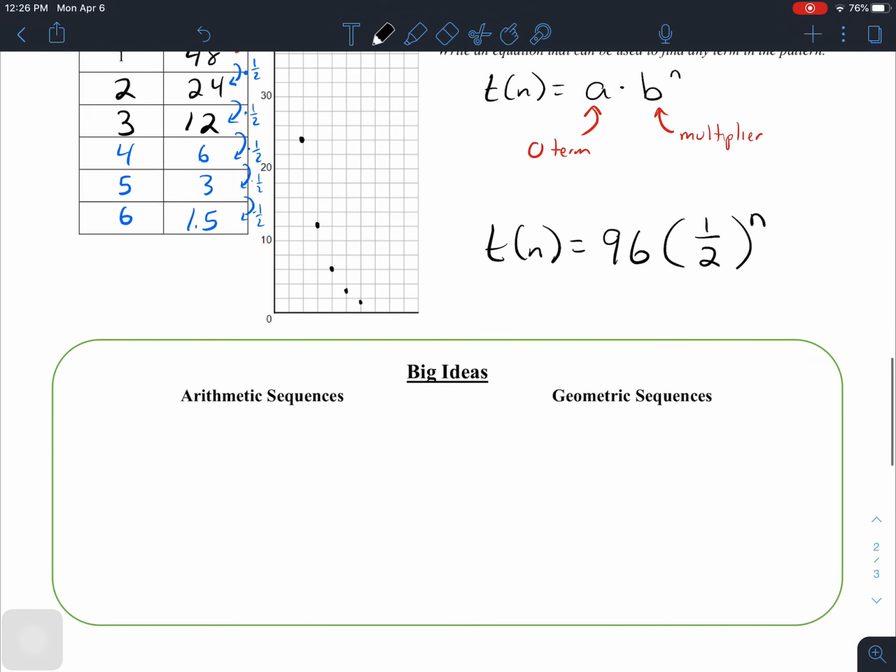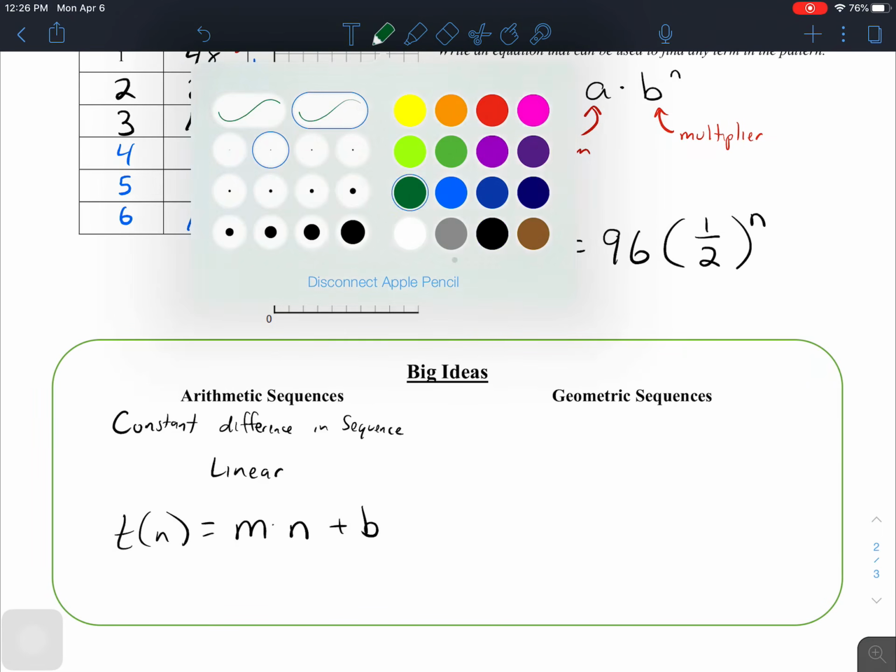So really we just looked at two main patterns, and it's the big ideas for this chapter. We're going to have arithmetic sequences and series, and we're going to have geometric sequences and series. And for arithmetic, there's going to be a constant difference in the sequence. It's going to follow a linear pattern. T of n equals, and I'm just going to refer to it as m for this lesson, times n plus b.